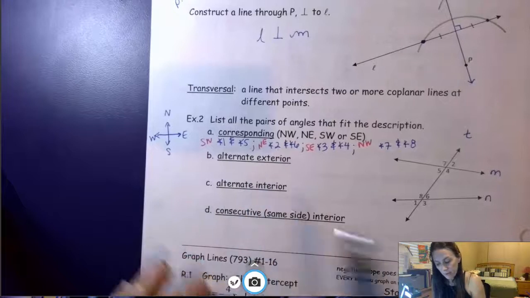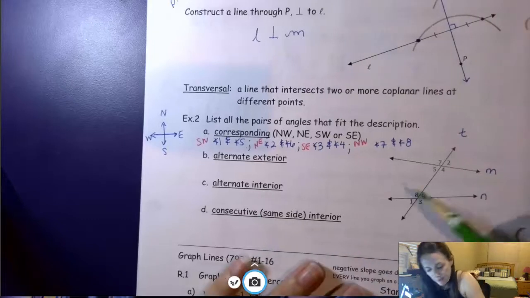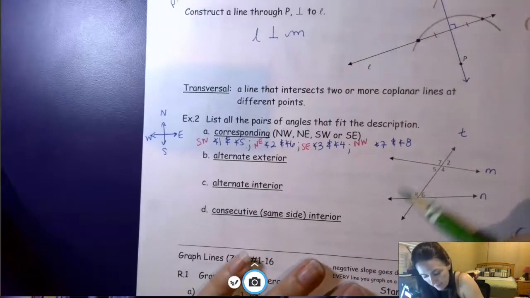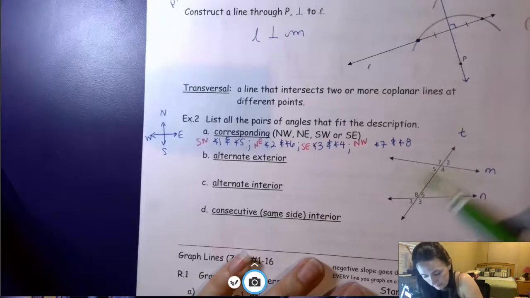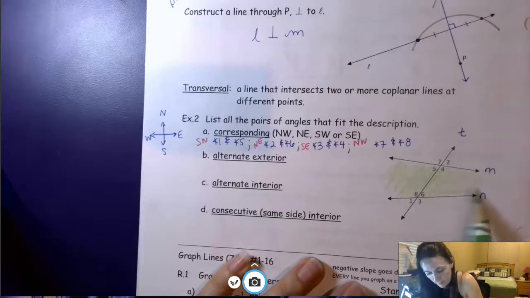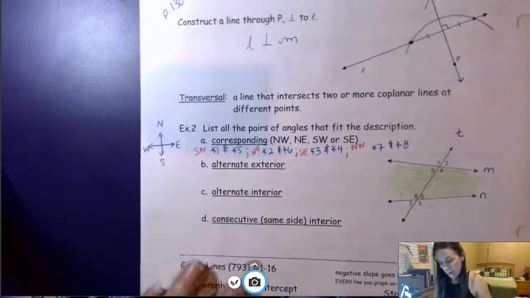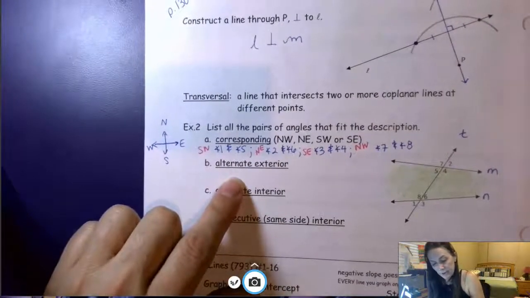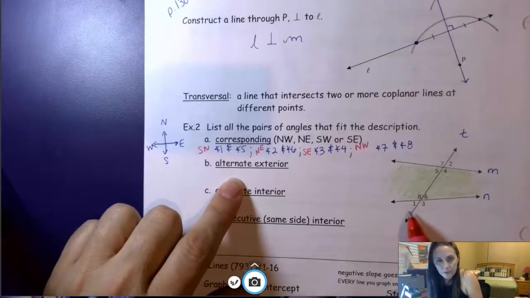Alternate exterior means alternate outside. So I need to separate these between inside and outside angles. I'm going to tell you that all of these in here between are considered interior angles. So the ones outside those lines are my exterior. So alternate exterior of the transversal. Again, you don't want 1 and 3 because those are right next to each other.